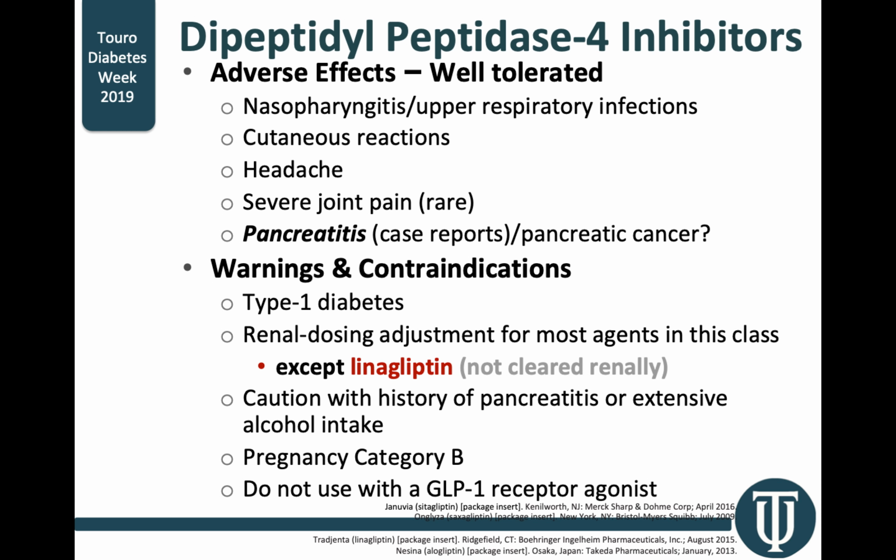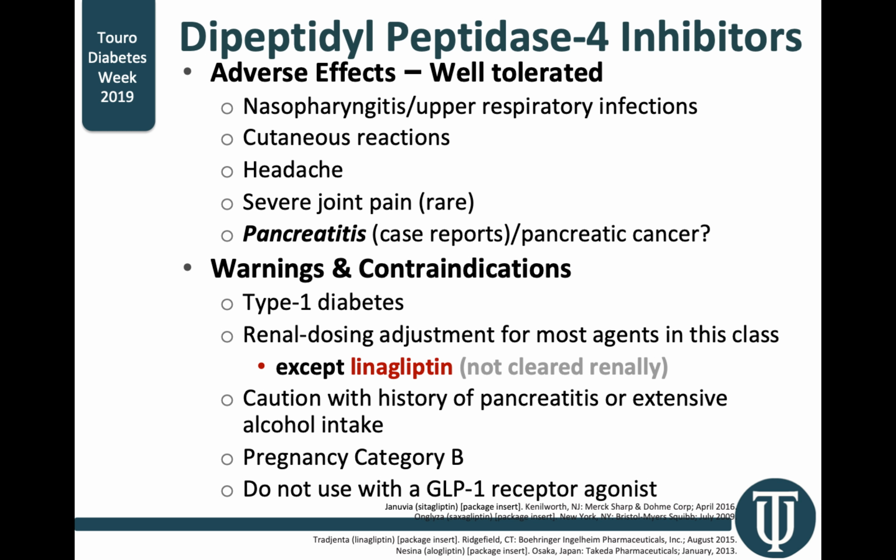So for those who have type 1 diabetes, we don't want to use this medication. And most of the agents are renally cleared, except linagliptin. So for those who have really low renal function, consider linagliptin.